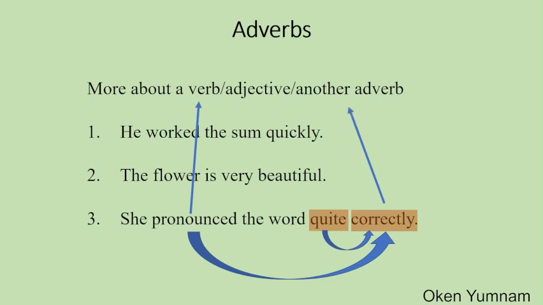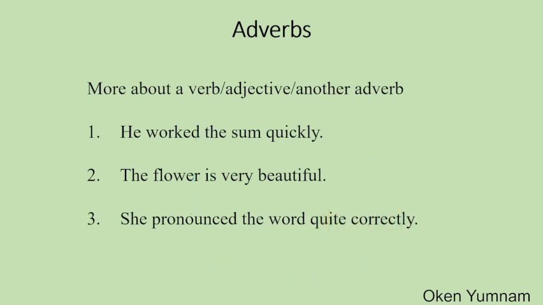And correctly is an adverb. So quite is also an adverb. So this sentence has got two adverbs. So from these examples we see that adverbs give us more information about a verb, an adjective, or another adverb.